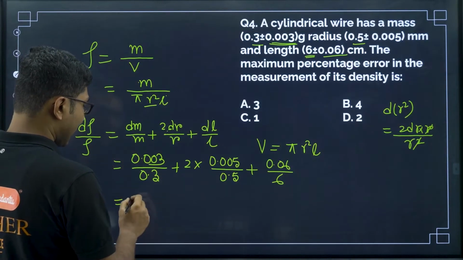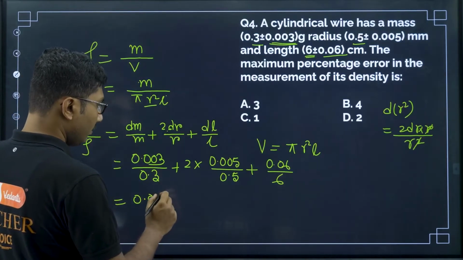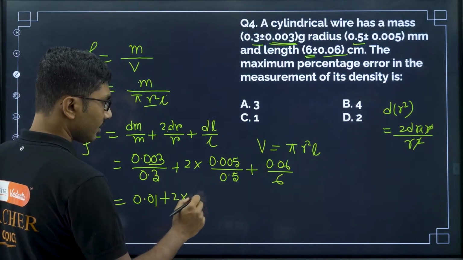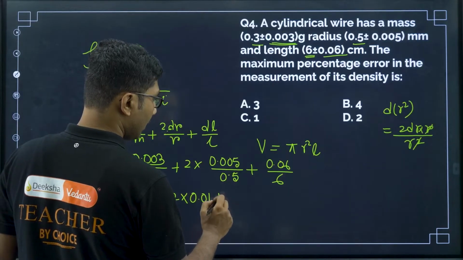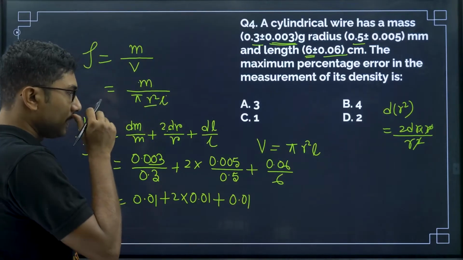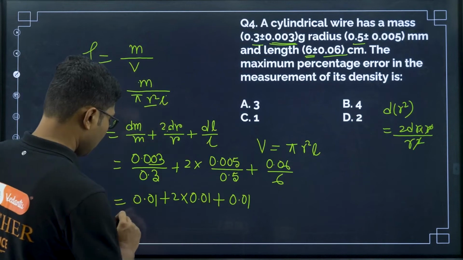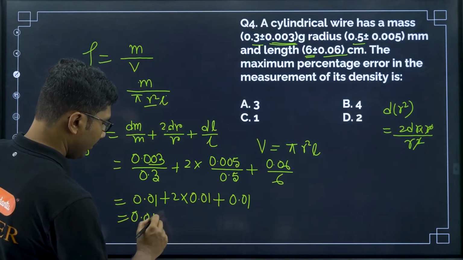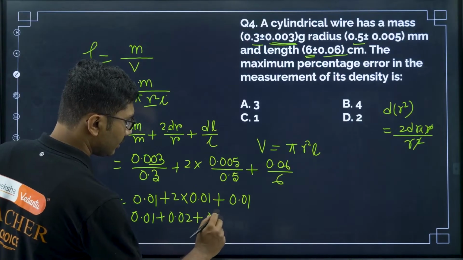Now, what is the value? One decimal will be cancelled, so it will be 0.01 plus 2 times again 0.01 plus again 0.01. Okay, simple. Now it will be 0.01 plus 0.02 plus 0.01.